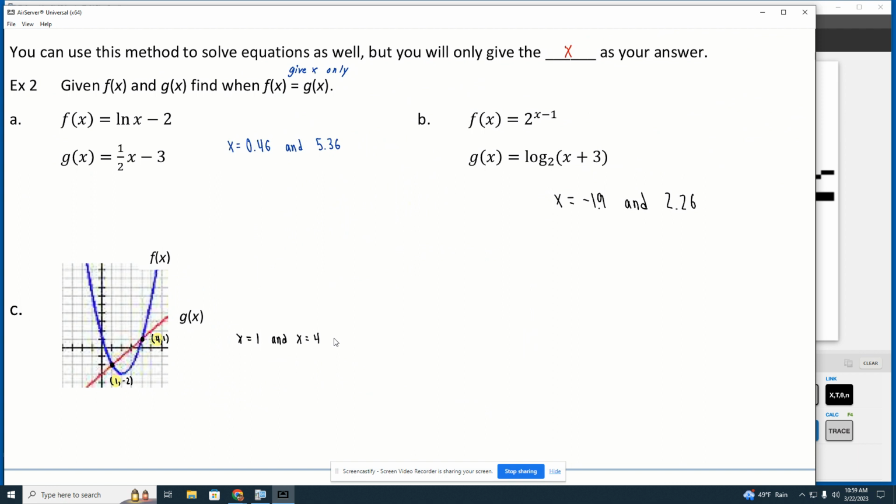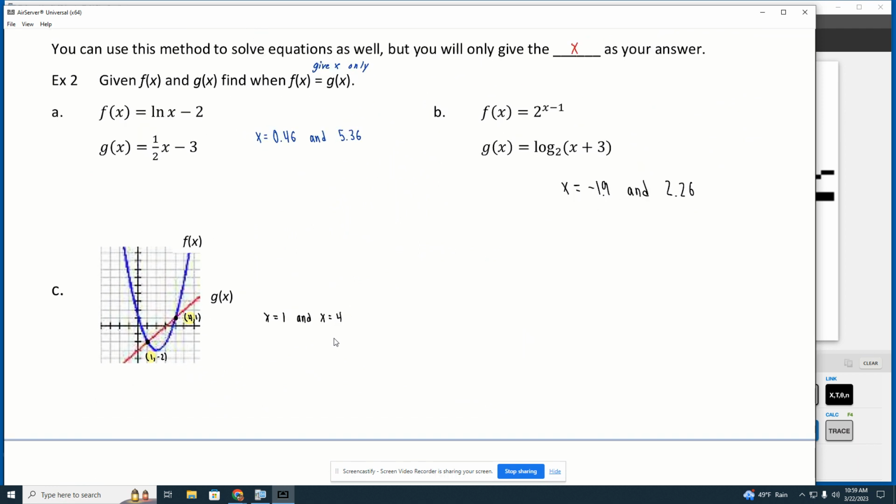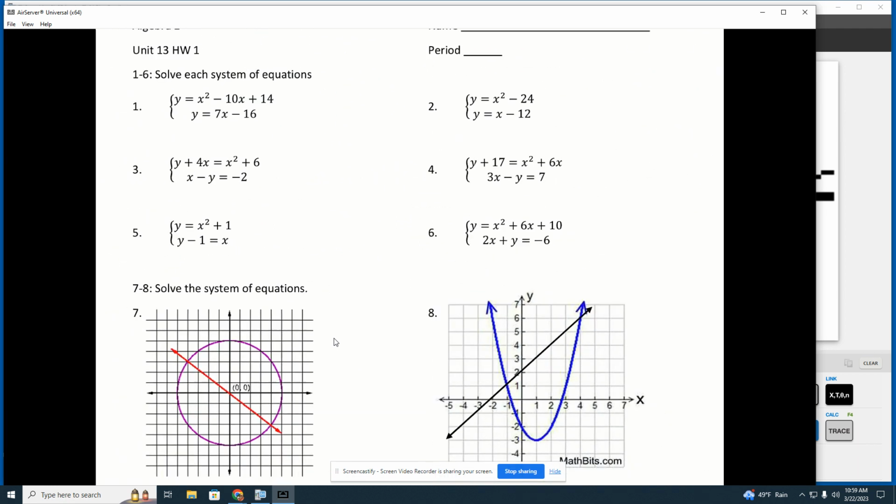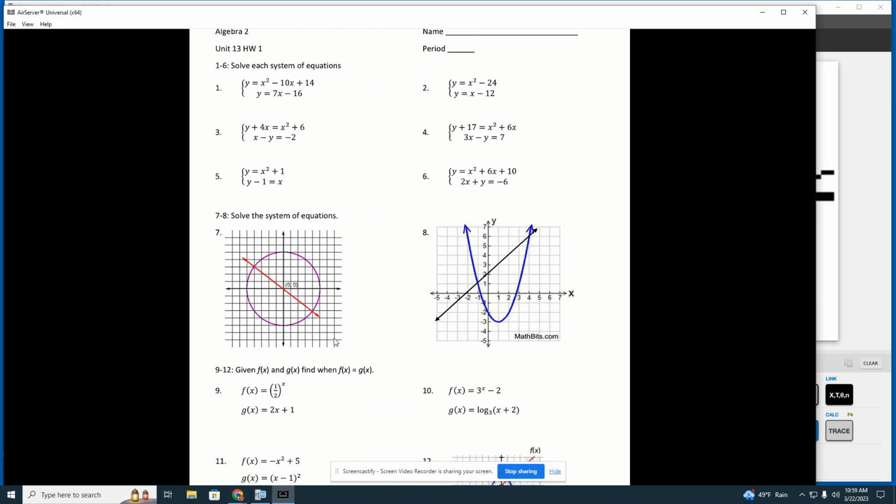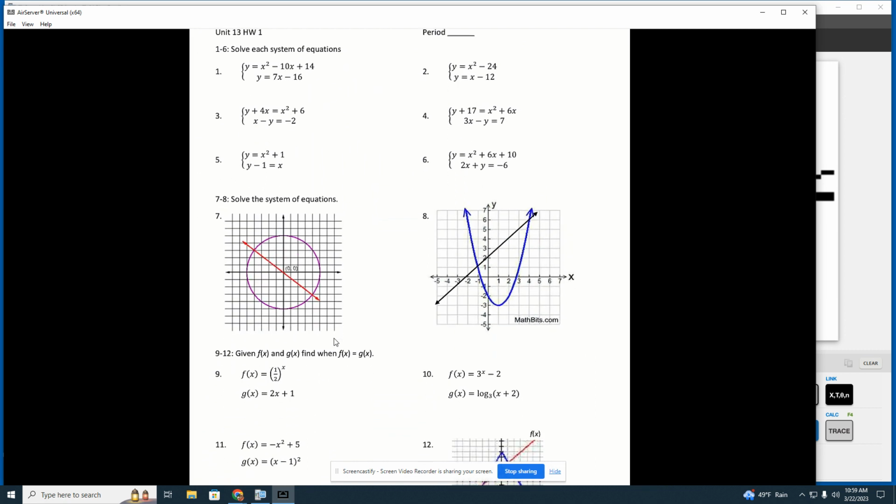So look, very simple. Your homework's on the back, and make a note that number 6 and number 9 are the only two that have only one answer. The rest of them have two, okay? If you look at your intersections, all of them have two except for number 6 and number 9. Number 6 only has one because it's a quadratic where the line just skirts right on the edge.